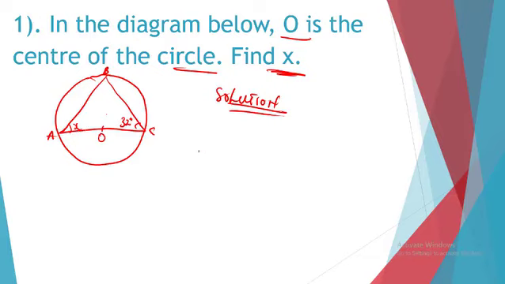We start by saying that angle ABC, that is angle at B, is equal to what? 90 degrees. From what I proved to us then, let us start. Angle at B is what? 90 degrees.